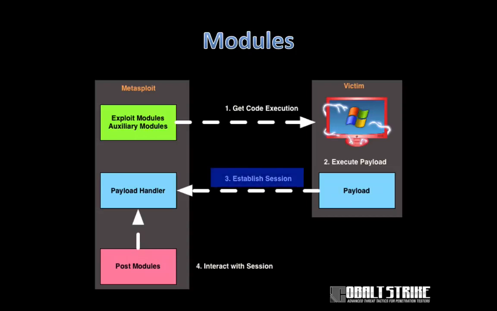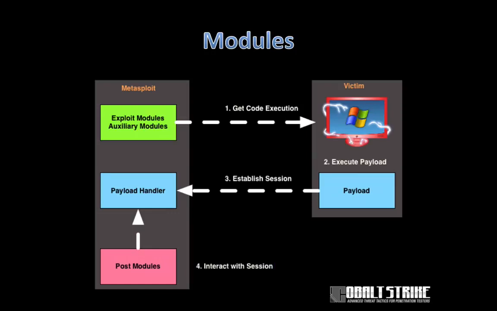When a payload running on a compromised system is connected to its handler running in the Metasploit framework, you have a session. A session is active control over a compromised host. Post modules are pre-scripted post-exploitation actions that interact with a session.